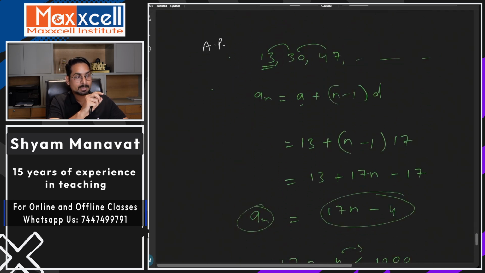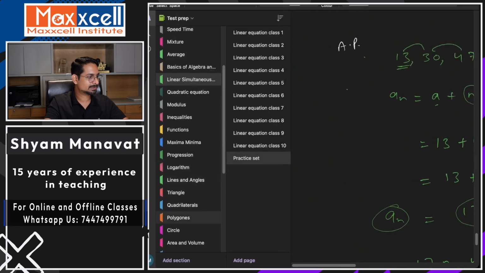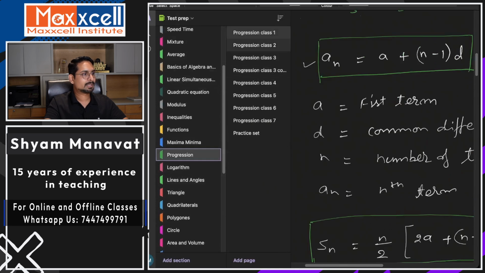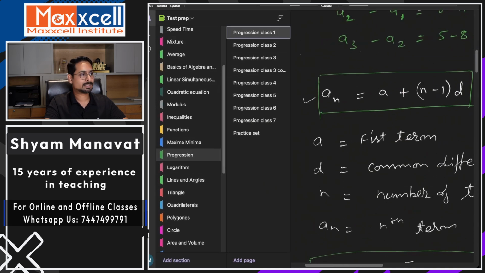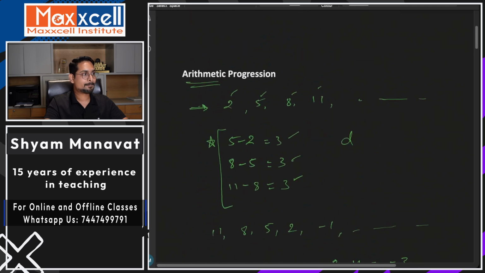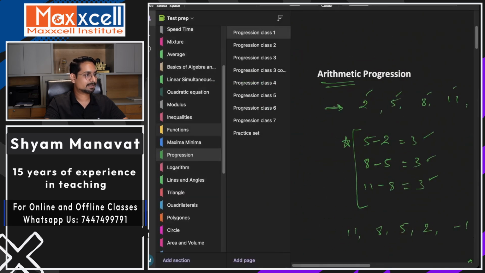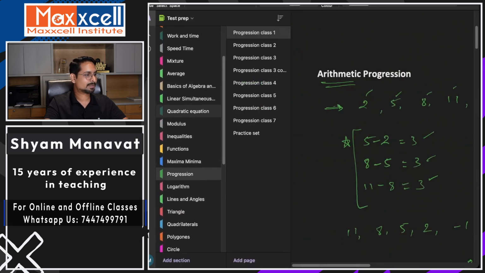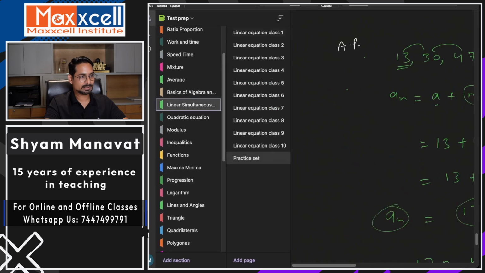Then we picked up this formula from arithmetic progression. This I have discussed in the progression chapter. Lecture number 1 is on arithmetic progression itself. You can go through this to understand more. So these 3 points I have connected to get the answer for this particular question.